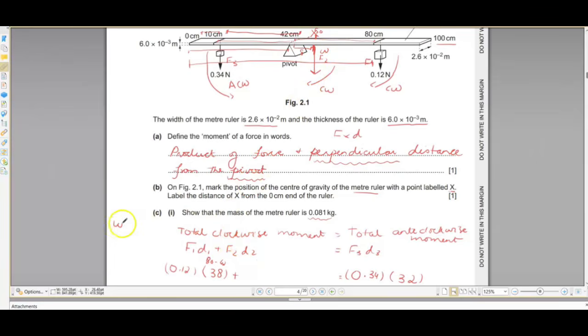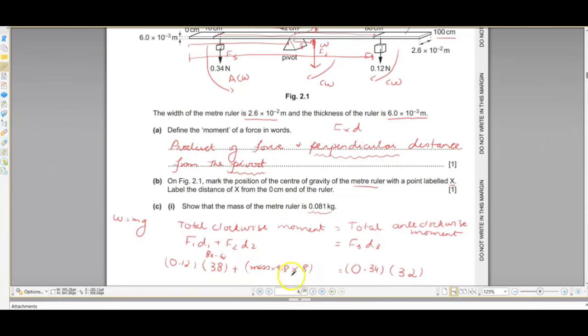We have to find the mass. So we know that W is equal to mg. So we can directly write it over here, or we can find the force first and then convert it into mass later on. It's up to you, whatever you want to do. So instead of force 2 we can always write mass into 9.8 into the perpendicular distance 8.